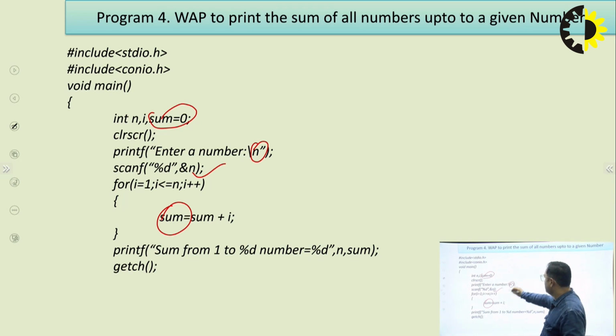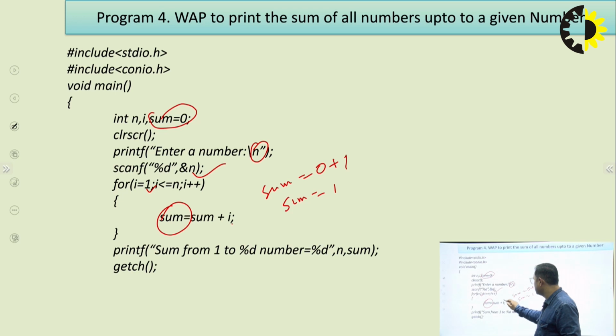So initially sum is equal to 0, and for the first iteration the value starts from 1, so sum is equal to 1. Remember, in a for loop, after the execution of the loop body, the loop variable gets updated. So the value of i becomes 2.